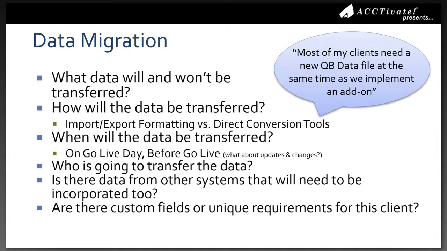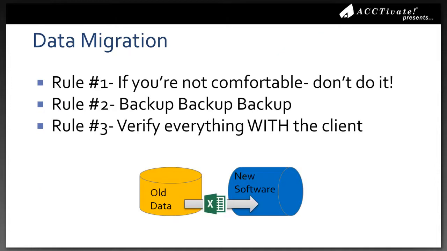Those things may need to be incorporated into the whole data migration plan. And are there any custom or unique things that the client might need in terms of their data? These are all things that you're going to want to put together into your data migration plan so that when you get ready for go live and you're actually doing the migration, you have a really good solid plan of what that's going to look like.